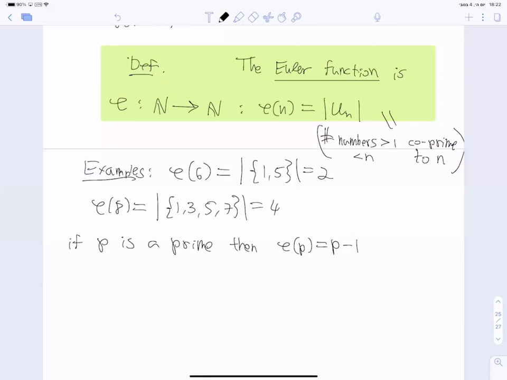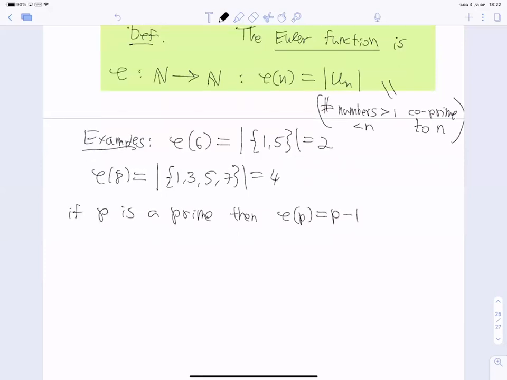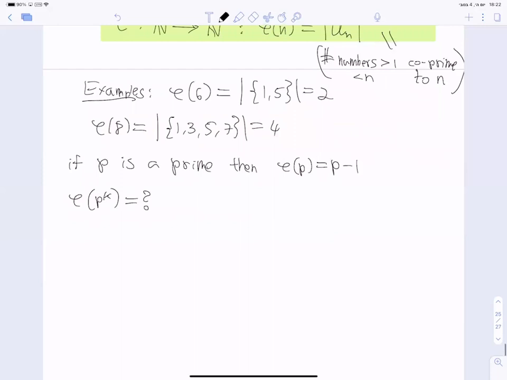And what is phi of P to the K? In order to answer this, what are the numbers that are not coprime?